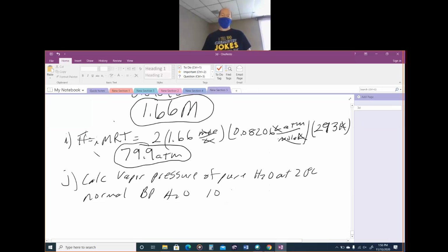So you have 100 degrees Celsius. Normal means 1 atmosphere. So that is your normal boiling point. You also need your delta H of vaporization. And that will also be given, and that is 40.7 kilojoules per mole.